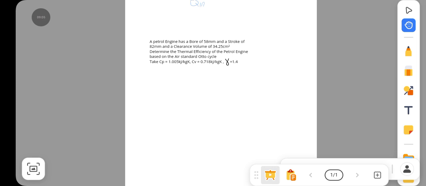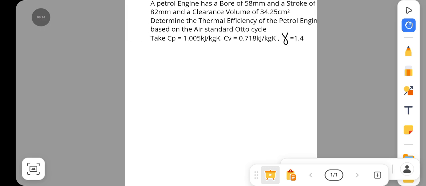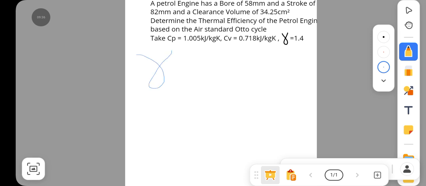Our compression ratio here is the total volume over the clearance volume.